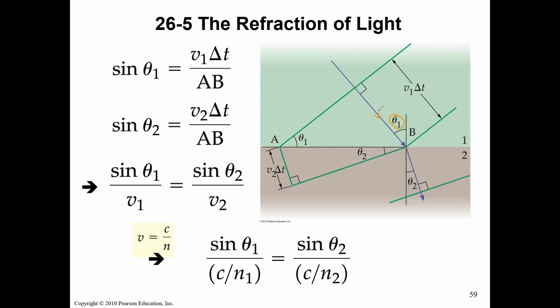We have an incident ray and a surface normal, and the angle between them is the angle of incidence. After the light goes into medium 2, we have another angle, the angle of refraction: the light ray and the surface normal make an angle theta 2. We want to know the relationship between theta 1 and theta 2. We know they are not equal, but what is the quantitative relationship?